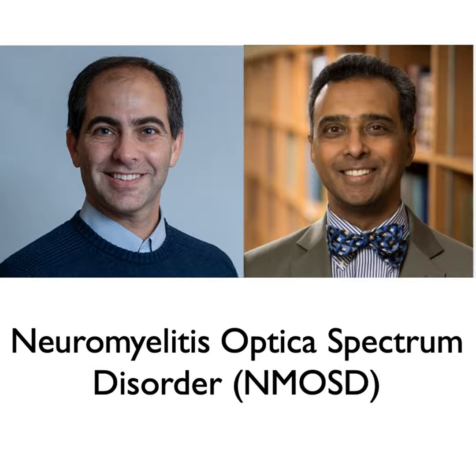So I think, when we have patients who carry the aquaporin 4 seropositive diagnosis, we're much more aggressive with them because we know that delaying care leads to permanent neurological damage.